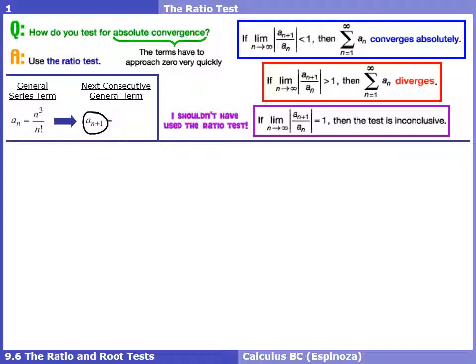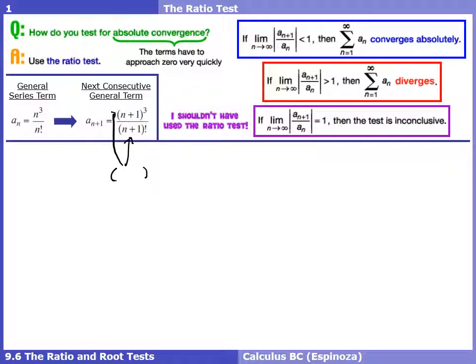And of course, the next term over would be a sub n plus 1. So what that's telling you to do is to plug in n plus 1 wherever you see an n. And this is going to be the key, and I would make note of this. Anytime you plug in n plus 1, it needs to be in parentheses. That's the number one mistake that people will make when they're doing this.